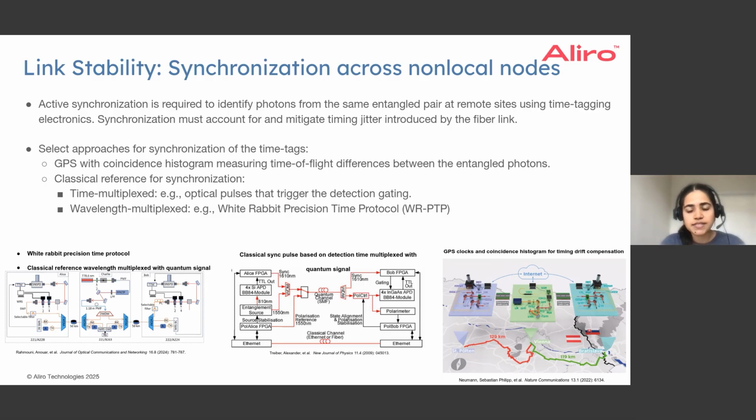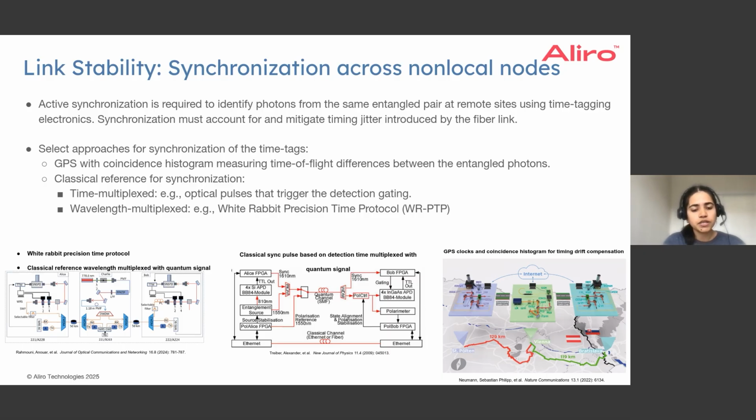And in such examples, eliminating the crosstalk that can occur from the classical reference to the quantum signal is of importance. And this requires some characterization and studies to determine whether the operation can be successful.